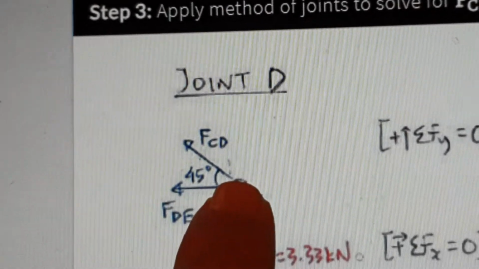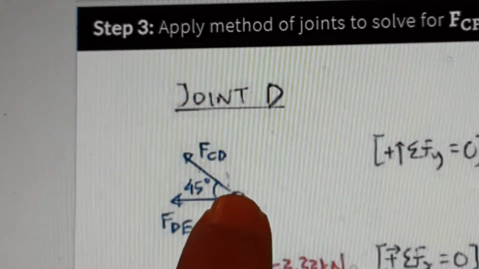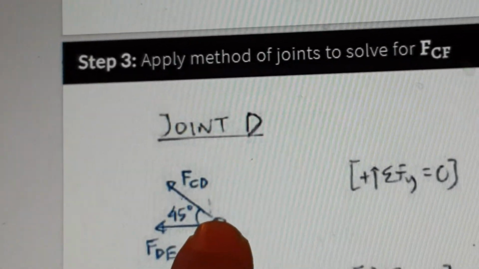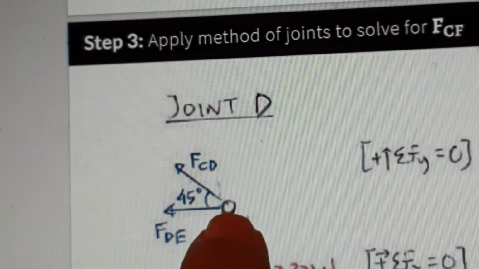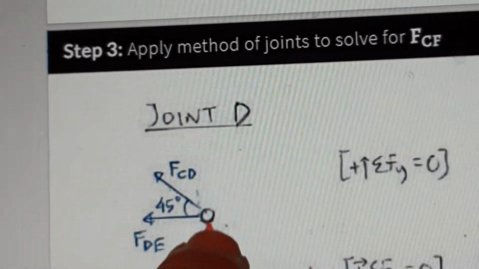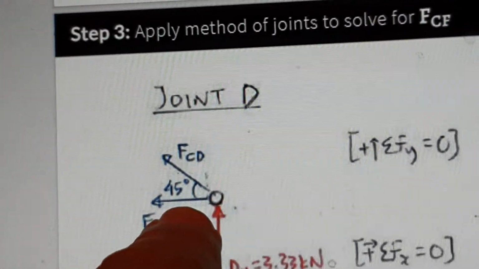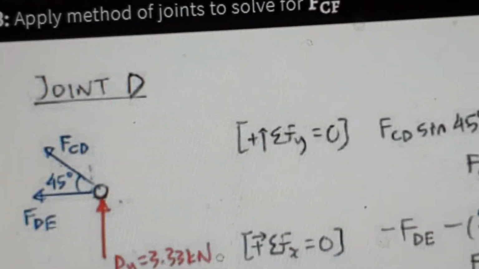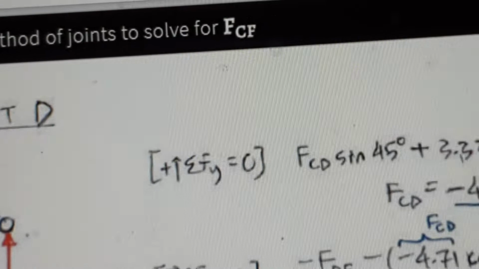For the joint, there is no moment, either summation of force at y equal to 0 or summation of force at x equal to 0. To find FCD, you do summation of force at the y. So FCD cosine 45, FCD sine 45 in the y. So FCD sine 45 plus 3.33 equal to 0.